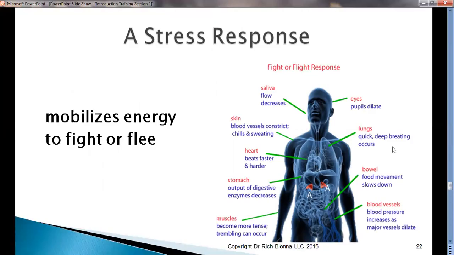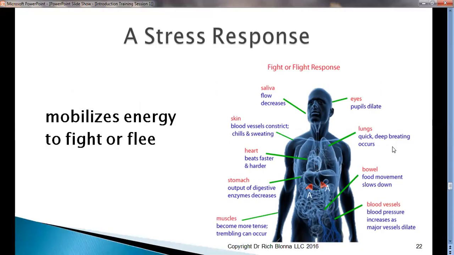You have your digestive system and the whole process of creating saliva to digest foods. Well, that shuts down. Your stomach is not really in the process of wanting to digest food at this point because you're trying to fight or flee. So all of the things involved in digestion kind of slow down.